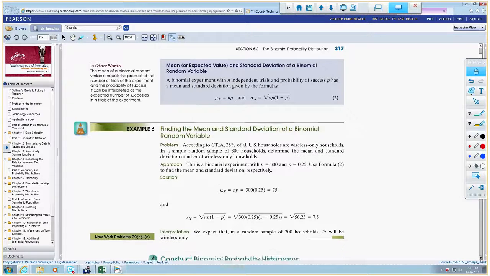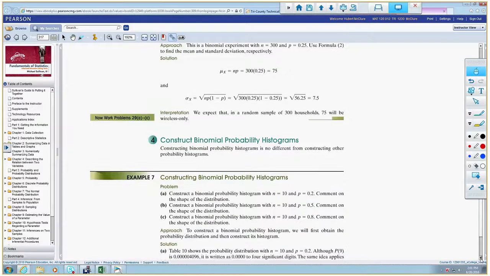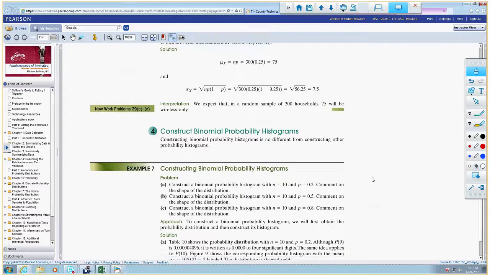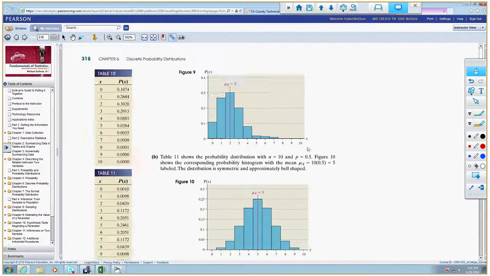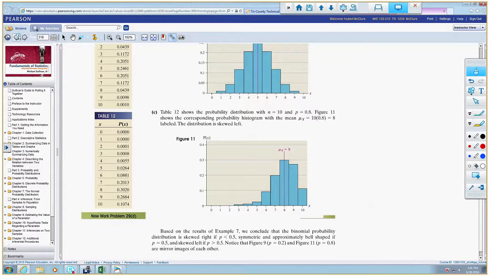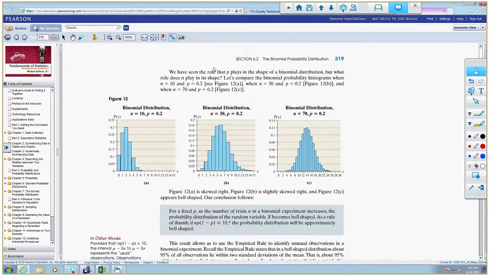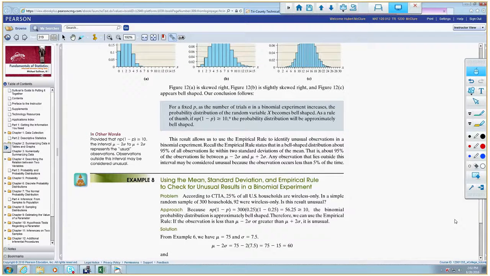All right, so we'll do one more. All right, there you go. Construct. Oh no, that ain't what I want. I want to know the mean and the standard deviation. Why do they got to mess it up? Here we go.